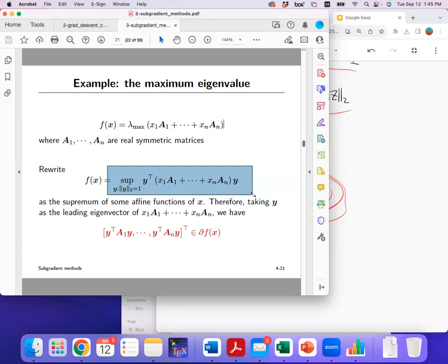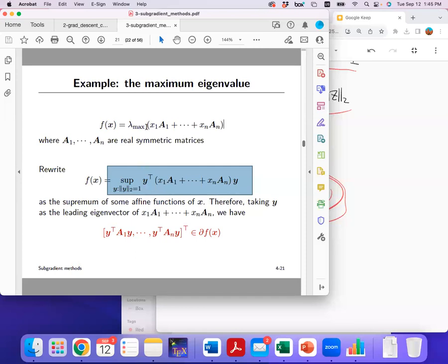So we rewrite this maximum eigenvalue into this variational form. This is a very useful variational characterization of eigenvalues. It's basically y transpose times this big matrix times y, and we take the supremum over all the y's that have unit L2 norm. We look for all the y's with unit norm that achieve the supremum value of this problem.